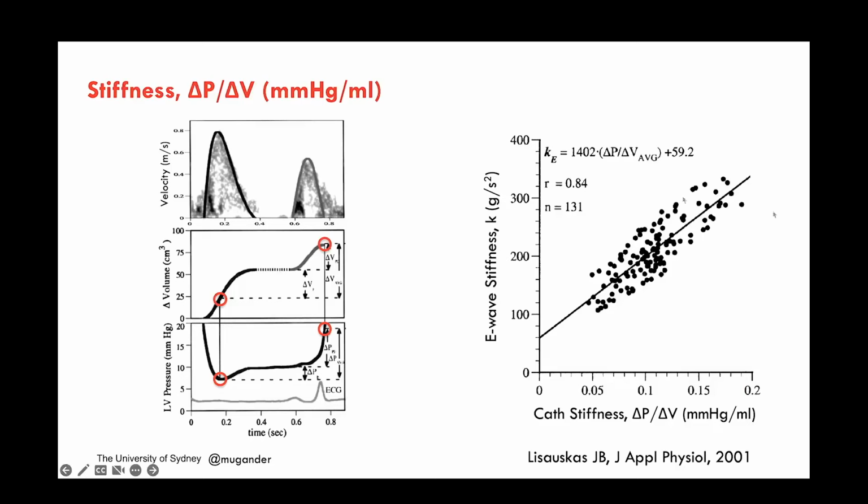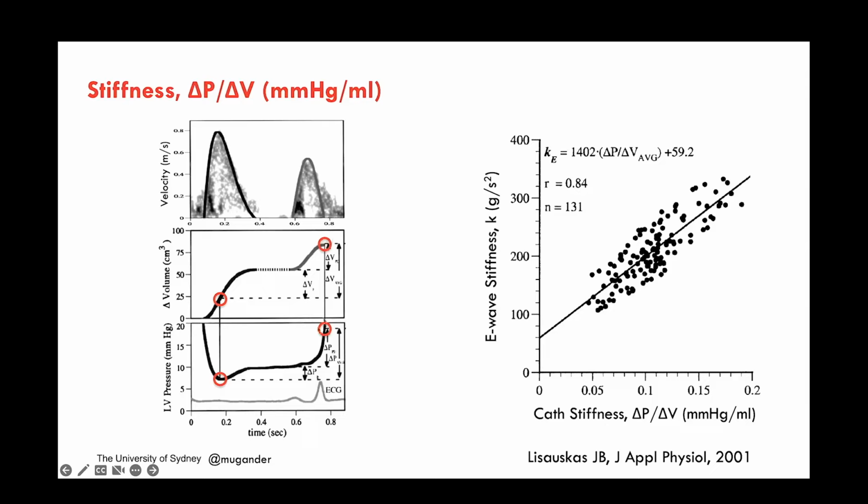On the left-hand side, on the top, we have the E wave and the A wave, simultaneously acquired with high-fidelity pressure Millar catheters in the cath lab, and there we get change in volume and pressure over time.